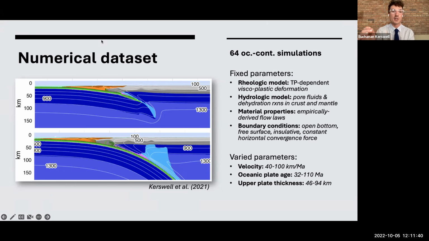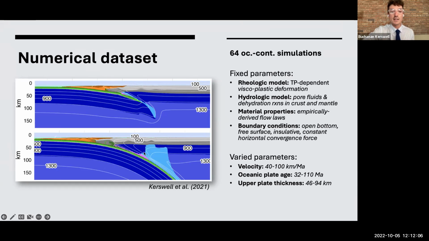You can pinpoint the depth of coupling by carefully looking at things like the strain rate, the viscosity, and the temperature. What we notice is that in these simulations, the coupling depth is always associated with the dehydration of serpentine in the mantle wedge. This is what controls the coupling depth in our model.